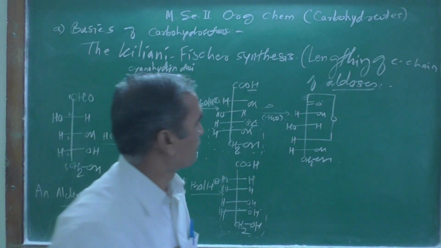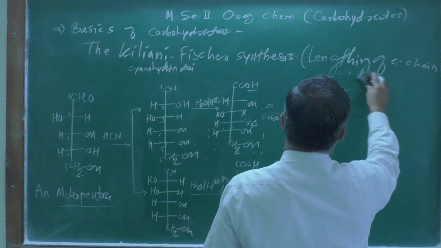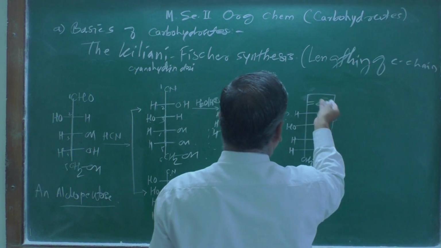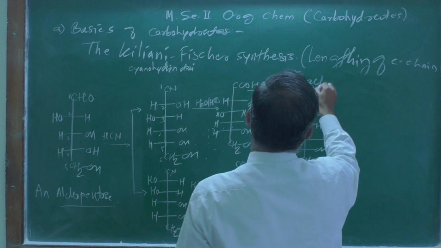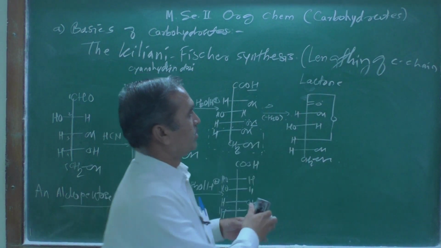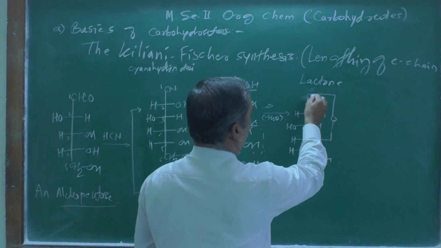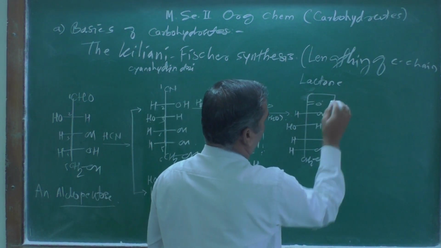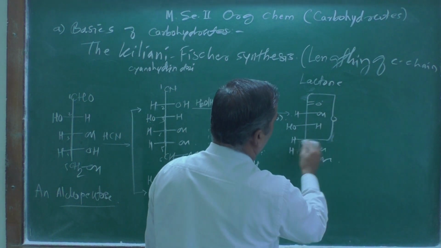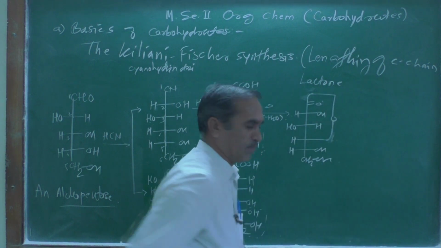So let me write over here, this product is known as a lactone. This is a lactone we have obtained. You can remember, this is just for the sake of convenience we are writing it like this. There is this type of ring formation.